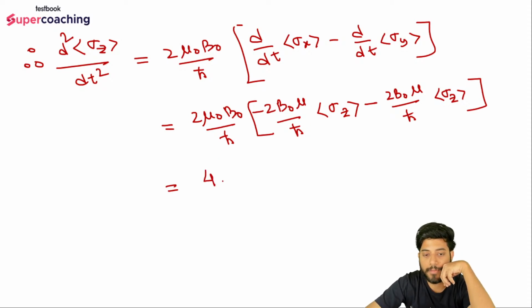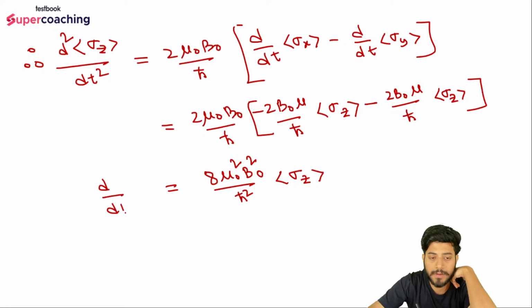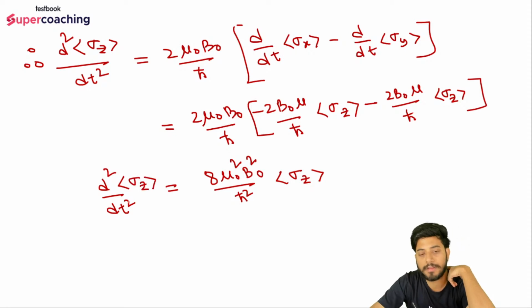So it will be 4 mu naught square B naught square by h cross square. It's basically twice of this, 4 into 2 is 8, times the expectation value of sigma z. And you are getting this square times the expectation value of sigma z.